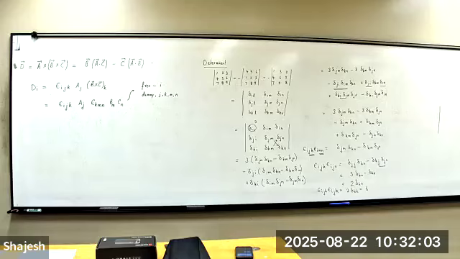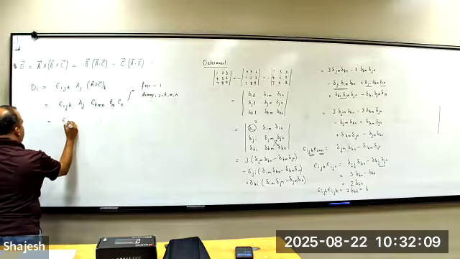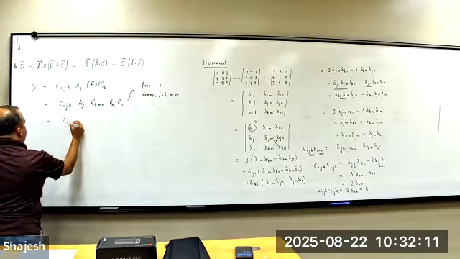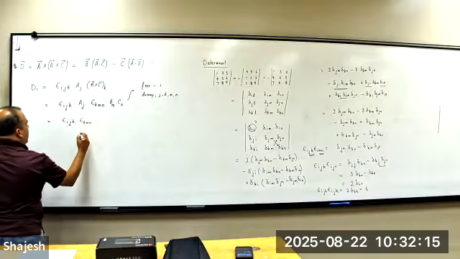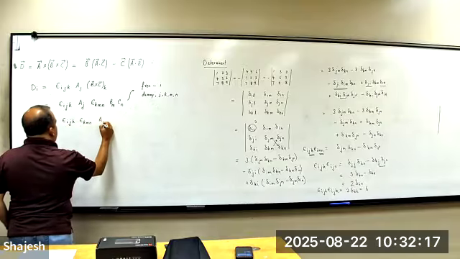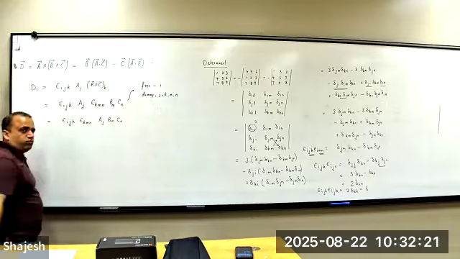There are 4 sums. And if you put this together, this is epsilon i j k, and that is epsilon k m n, and you do a_j b_m c_n.